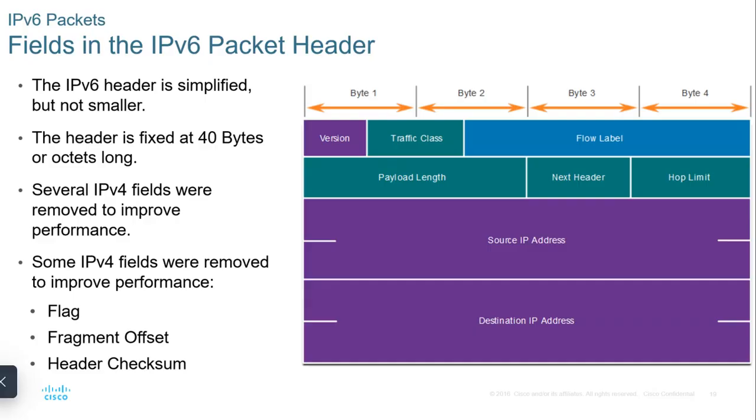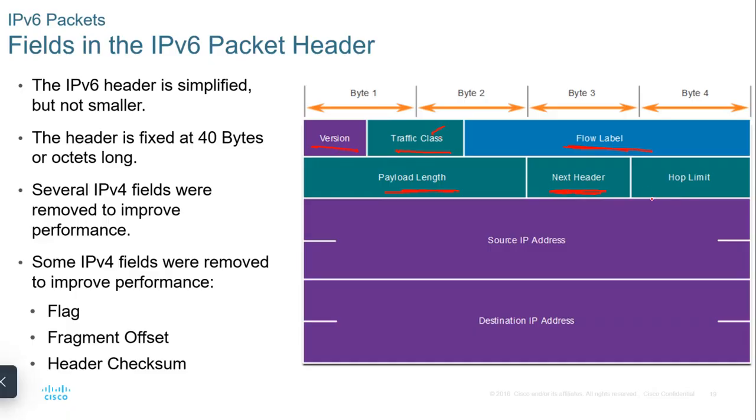So here is the header. It has version, it has traffic class, which is almost the same as differentiated service, and then flow label for controlling the sending and receiving, payload length, the length of the data, and next header. Now the next header is the protocol used in the transport. Is it ICMP?